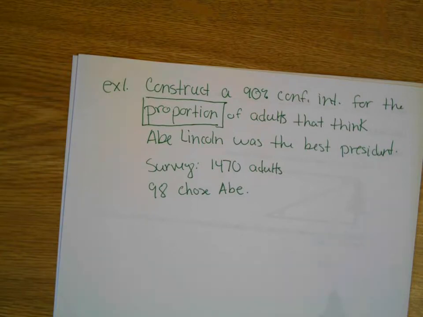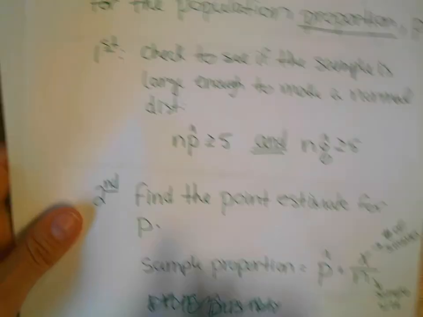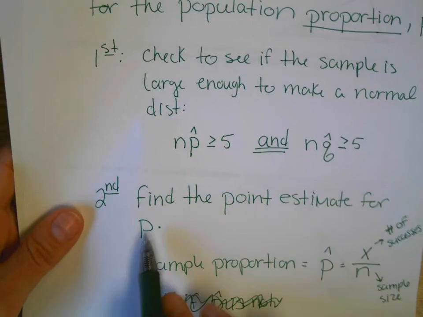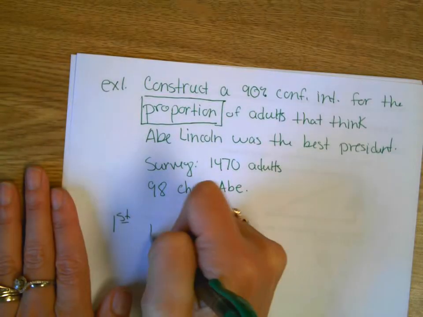So, now we're going to follow our 4 steps. And like I said, I really should have had step 2 as step 1, because you need that p hat to do step 1. So let's find p hat first. Let's do step 2 first. We need the point estimate for p, which is p hat. So first, let's find p hat.